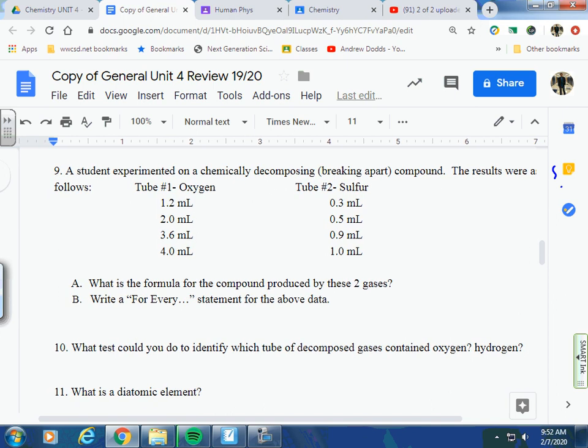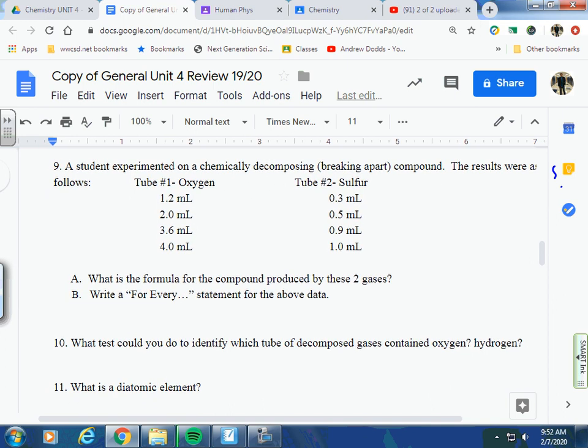Okay, so I was talking about decomposition, and that's what they're doing here in this example. You can look at this as different tests that they do, or just the process of what's happening, and they're marking it at certain points, comparing the two things. We have oxygen here and sulfur here.